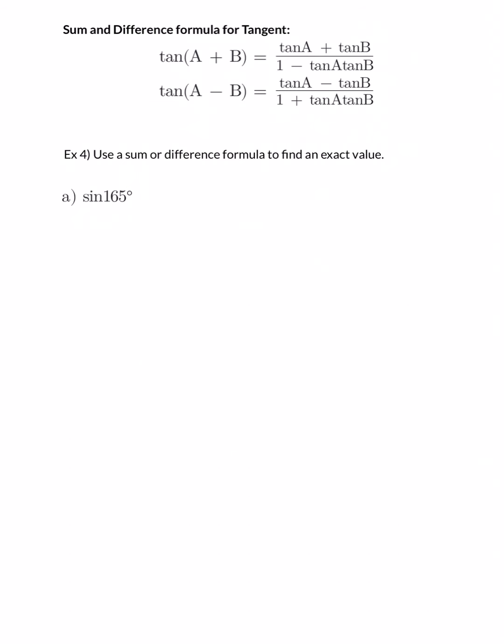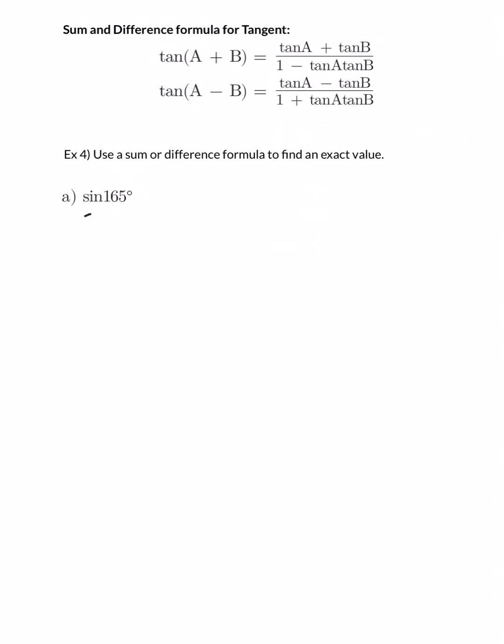What we want to do is pick two angle measures that are on the unit circle and either add them or subtract them to make 165 degrees. There are several ways that you can do this.